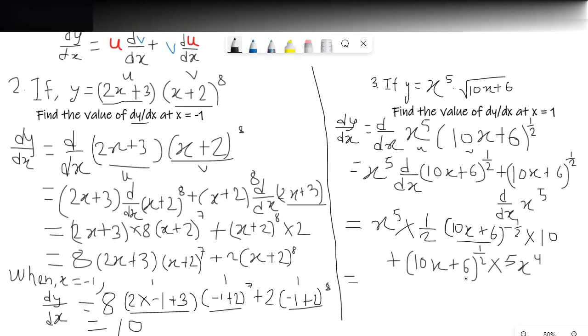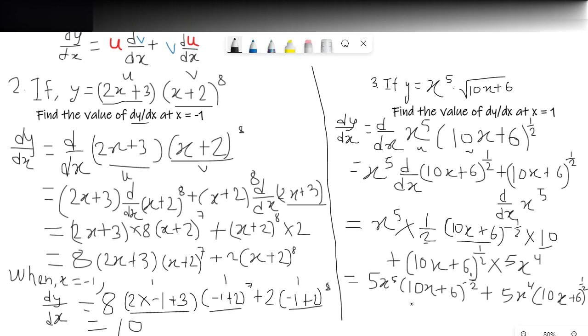So finally, simplifying all of this, half multiplied by 10 is 5, so 5x to the power 5, and then multiplying with (10x plus 6) whole to the power minus half, plus 5x to the power 4 multiplied with (10x plus 6) whole to the power half.